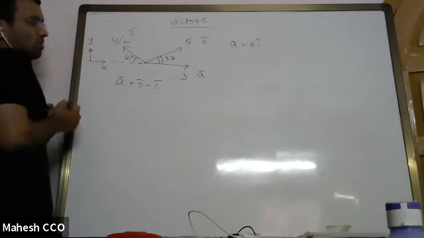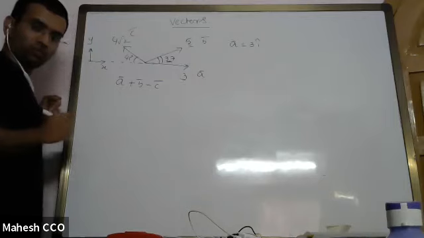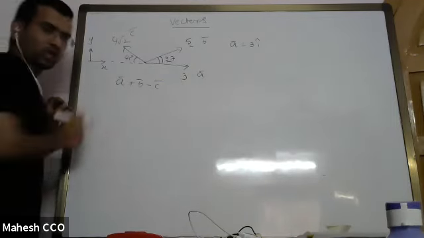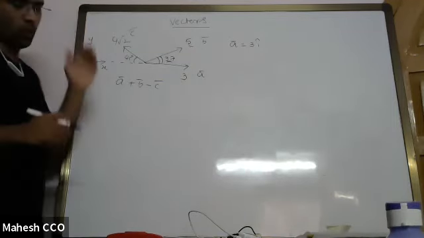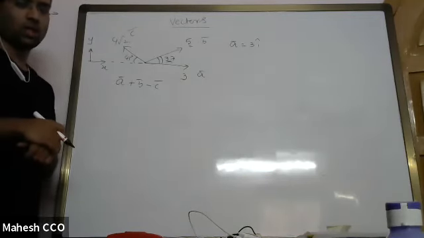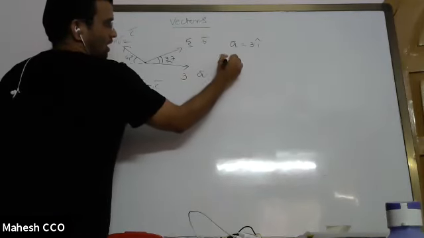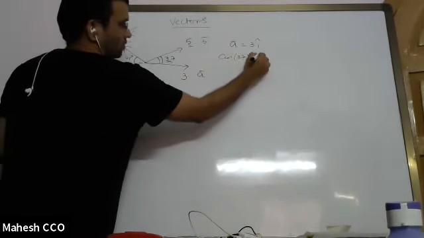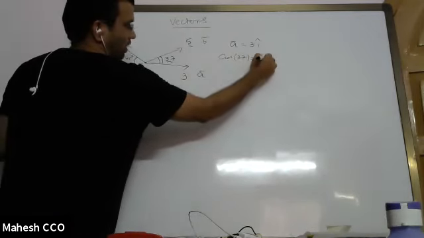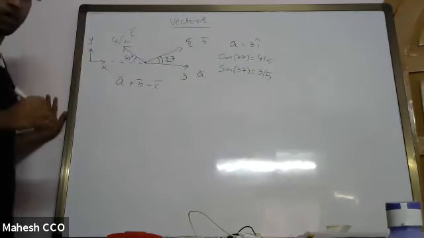Now what is B bar? It is making an angle of 37 and its magnitude is 5. So its component along x direction is 5 cos 37, along y direction is 5 sin 37. Cos 37 is 4 by 5, sin 37 is 3 by 5. Some of you may not be knowing it, so I'll write the values. Cos 37 is 4 by 5, sin 37 is 3 by 5.